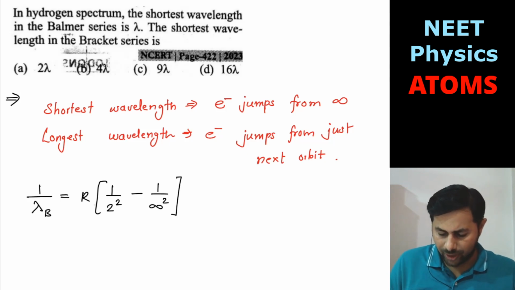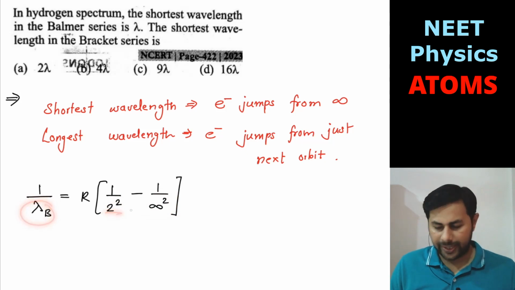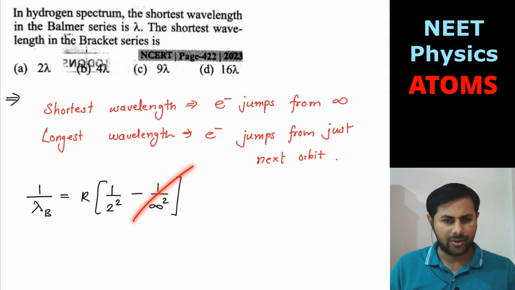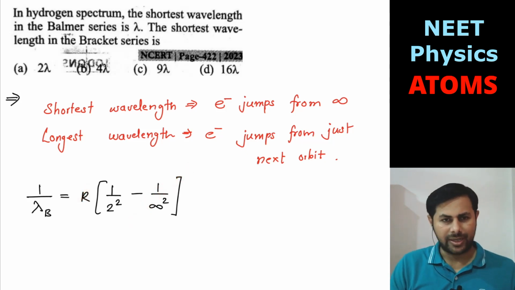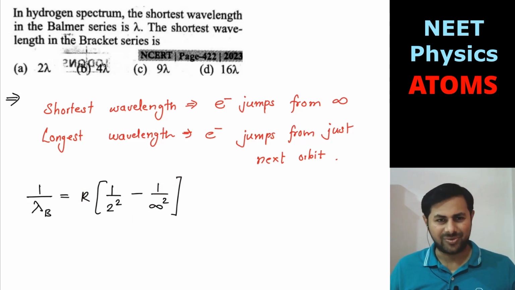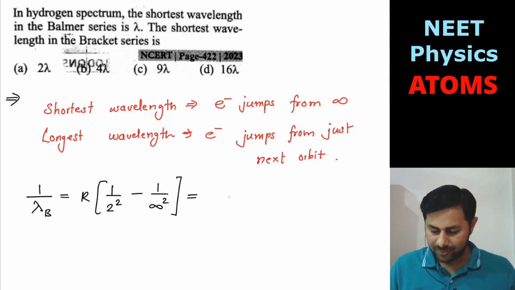This is the shortest wavelength, when it jumps from infinite orbit to any orbit. For Balmer series it jumps to the second orbit, so from now onwards we'll just get rid of the second term. So it is R by nf square, that's it. The shortest wavelength: 1 by lambda is R by nf square, so that is R by 4.